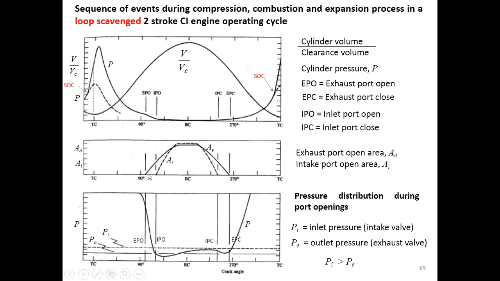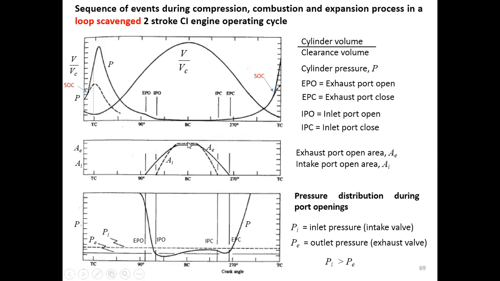When the exhaust port opens, after that the inlet port opens, and you can see that the inlet port opens more rapidly than the exhaust port. So it takes just a little bit of time for it to reach maximum opening.